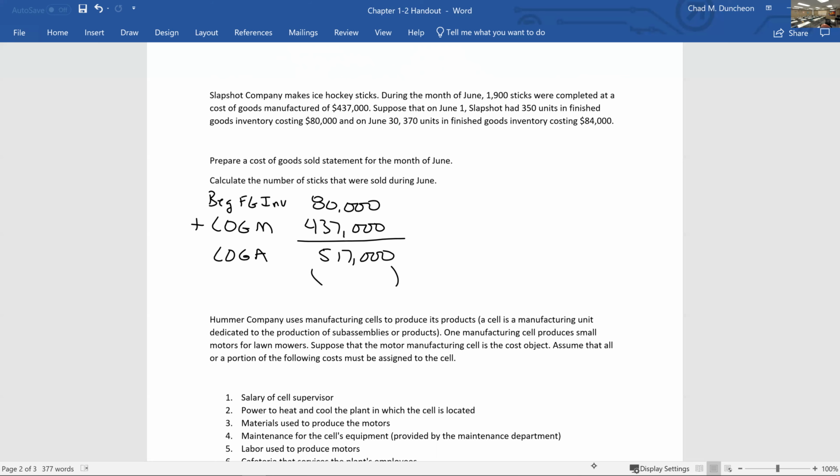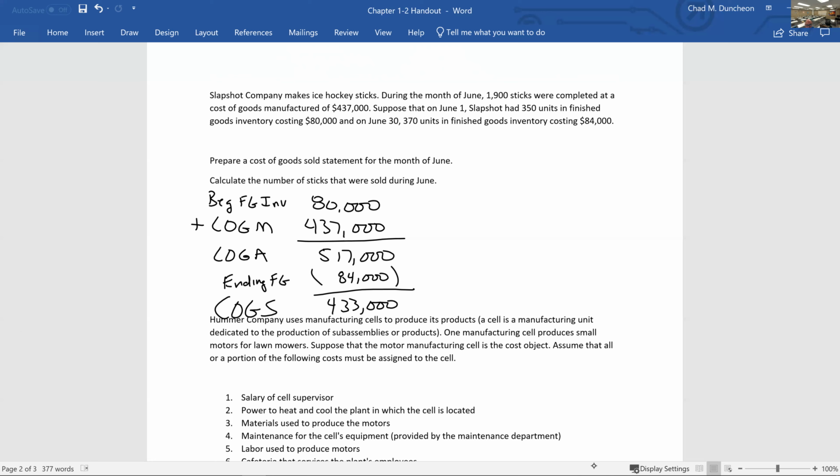From there, we can subtract out the ending finished goods, and that will get us to our cost of goods sold of 433,000.